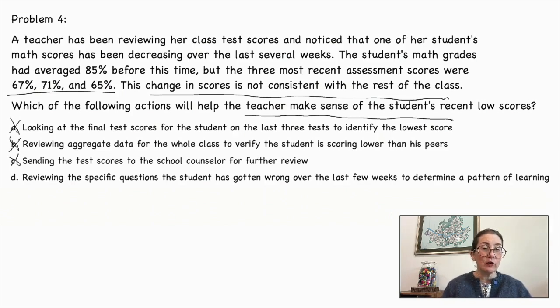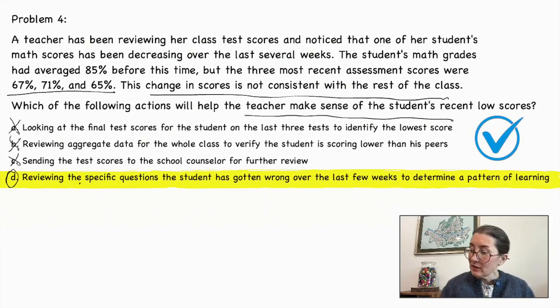Lastly, we have reviewing the specific questions the student has gotten wrong over the last few weeks to determine a pattern of learning. And that, of course, makes the most sense, looking at the questions that they're not understanding and seeing if there's a pattern, identifying that, and then helping the student specifically with the area of weakness.